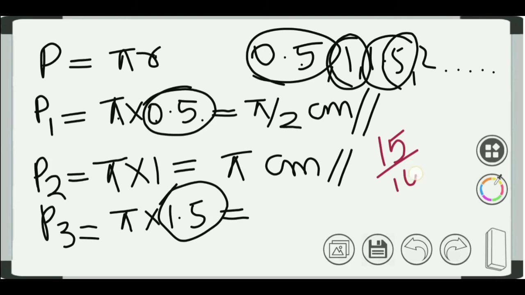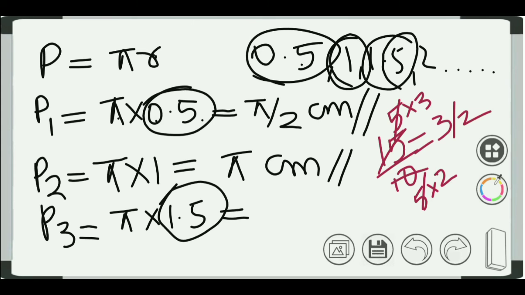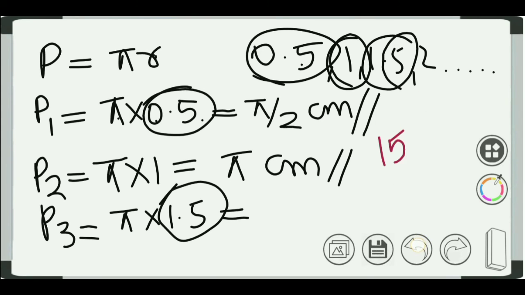If you simplify, 5 into 3, 5 into 2. The 5 got cancelled. What is this? 3 by 2. Instead of 1.5, I can write 3 by 2. So here I am writing 3 by 2 pi. Instead of 1.5, I have changed it to a fraction.